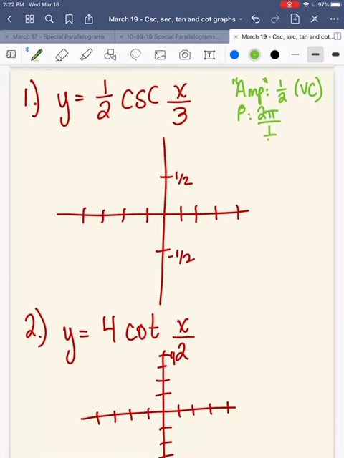Cosecant should be 2 pi over b, which is a 1/3. So when we do keep change flip, which will be 6 pi, this 1/3 is less than 1, which is a horizontal stretch. It's the opposite of what you think. You notice I just paused for a second, okay? All right.